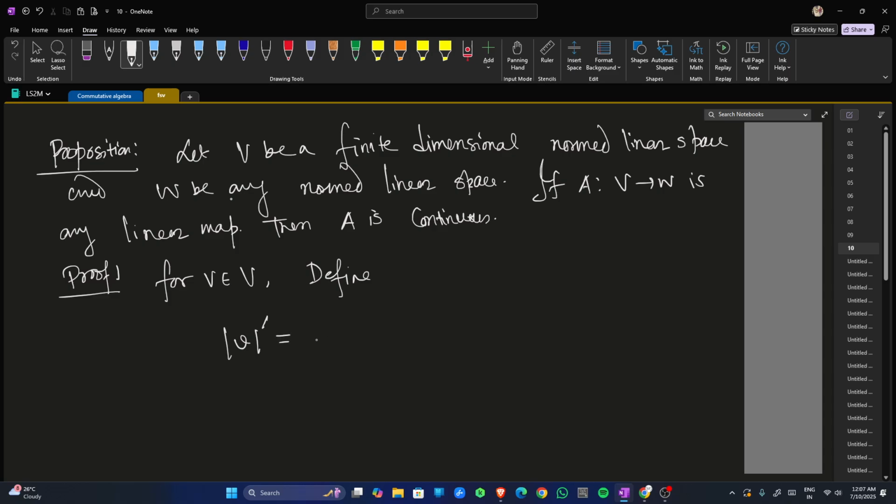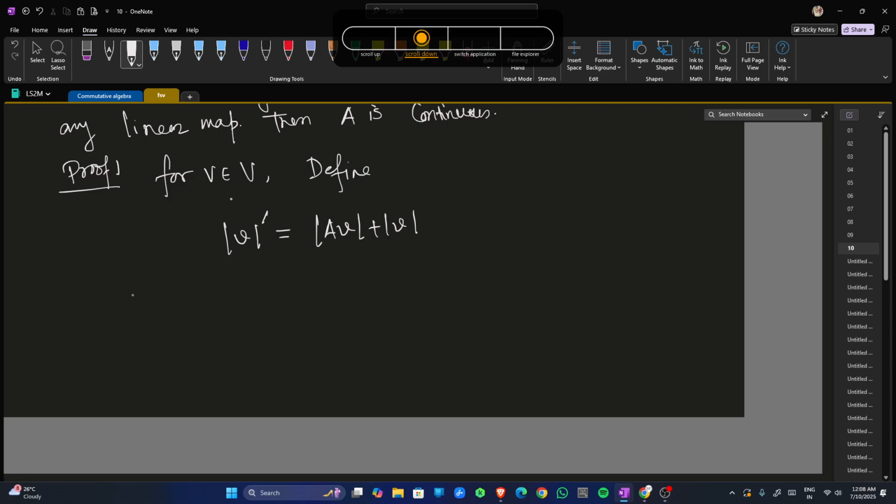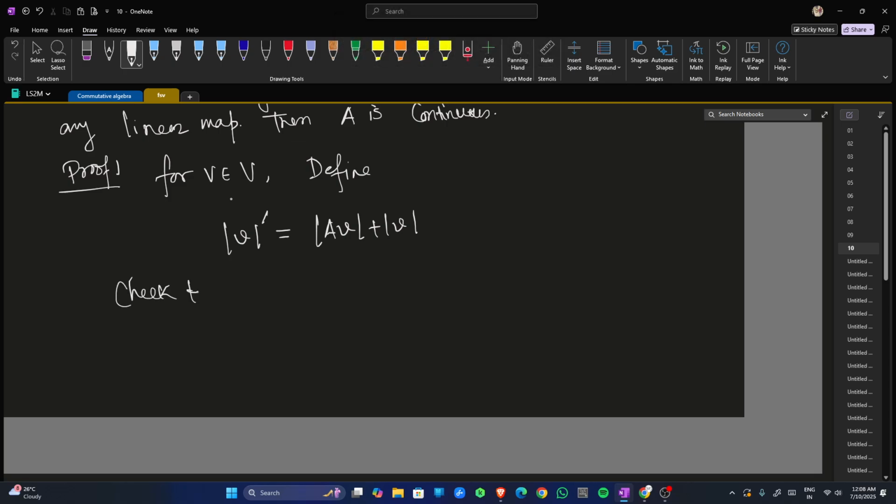I am saying that it is the norm of Av plus the norm of v. Check that this is a norm on V.